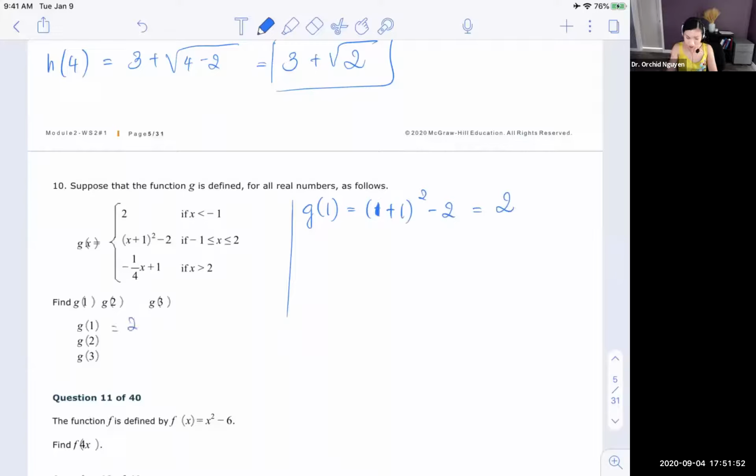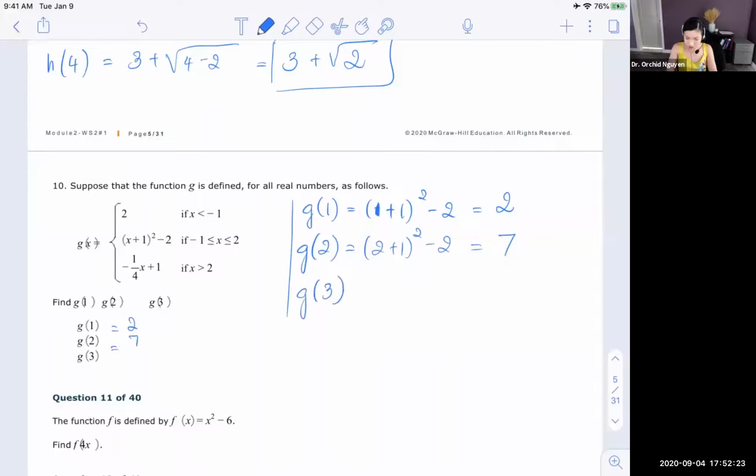What is g of 2? You see g of 2, we're using the same function, the same part, because 2 is right here with the equal sign. So you just plug it in once again. So g of 2, we're going to use this one, 2 plus 1 squared minus 2. So it's 7. What is g of 3?